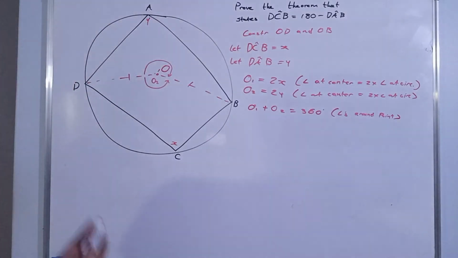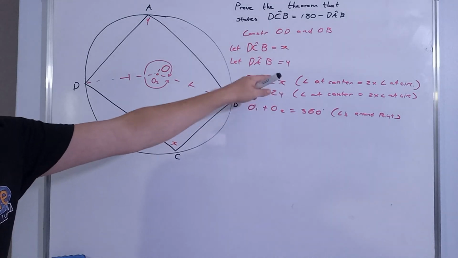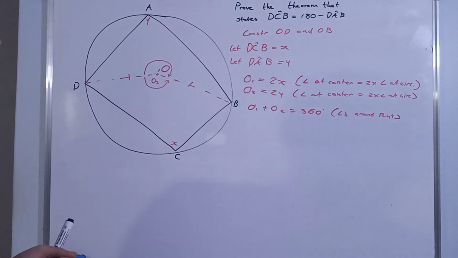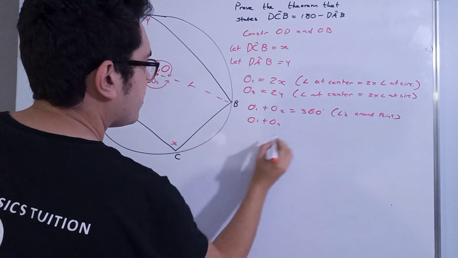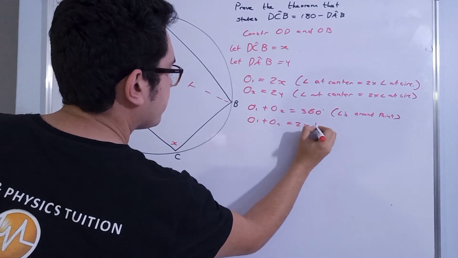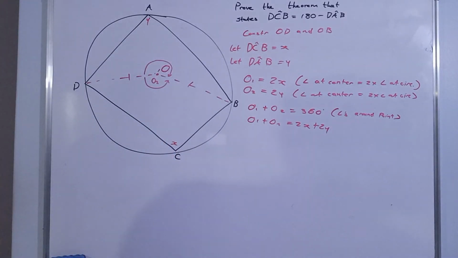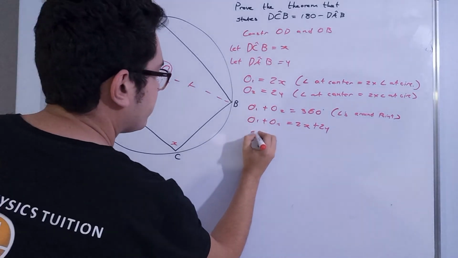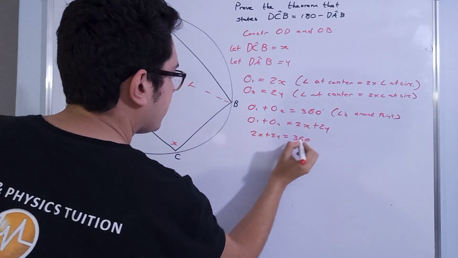From there, let's consider that what we've proven here, O1 equal to 2x and O2 equal to 2y, allows us to write out O1 plus O2 to equal 2x plus 2y, because that is what O1 and O2 consist of, 2x and 2y. Now, if we consider that they're equal to 360, well, we can say that 2x plus 2y equals 360.